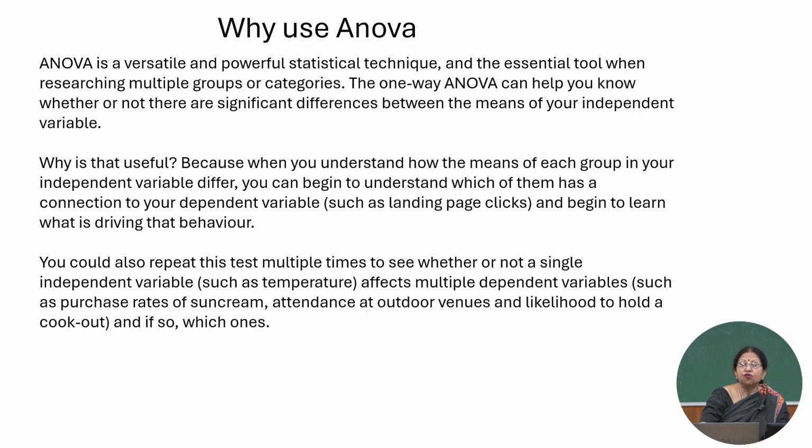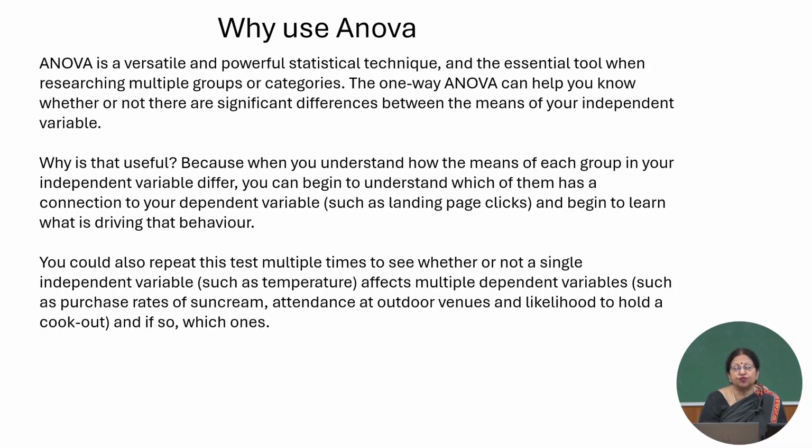Why use ANOVA? Now, this is a very important question. ANOVA is a versatile and powerful statistical technique and an essential tool when research on multiple groups or categories has to be conducted. The one-way ANOVA can help you know whether or not there are significant differences between the means of your independent variables.